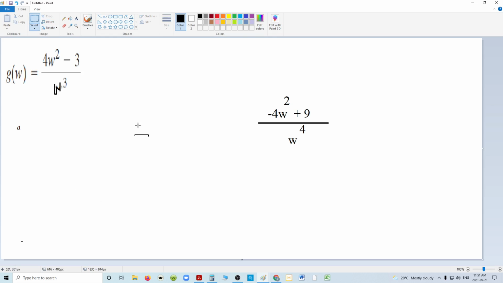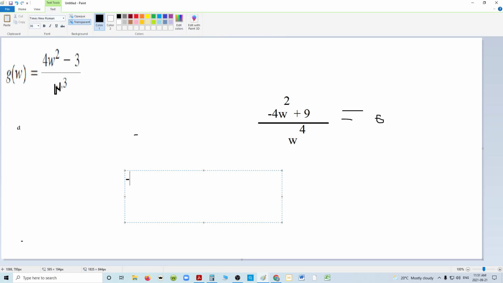If I set that to 0, I should discover maxes and mins. So you can see that the bottom doesn't matter too much. So it disappears. So I'm left with minus 4w squared plus 9 is equal to 0. When I take the 9 to the other side, it's equal to minus 9.